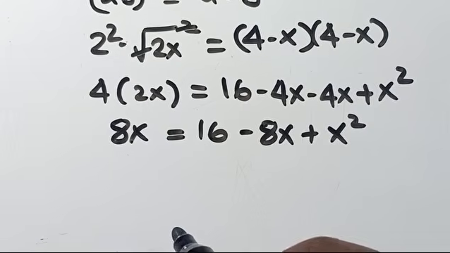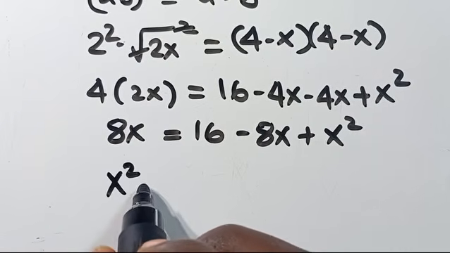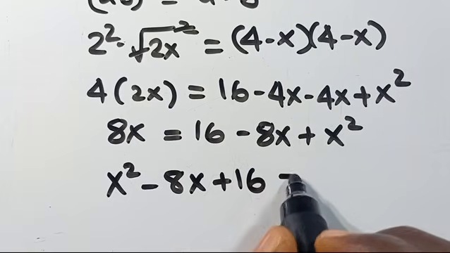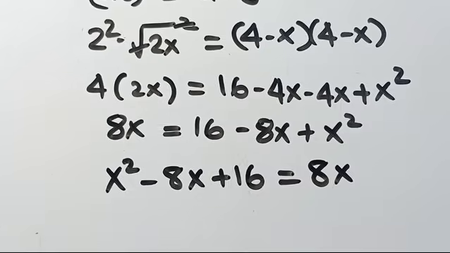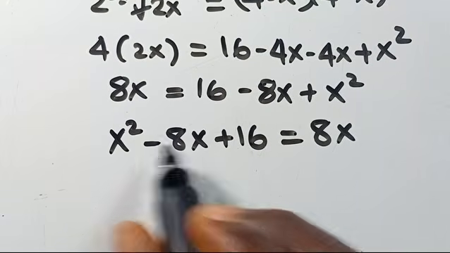Now, let's rewrite this expression as x squared minus 8x plus 16 equals 8x. Now, take this here.